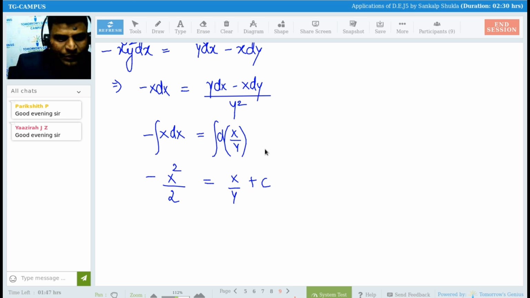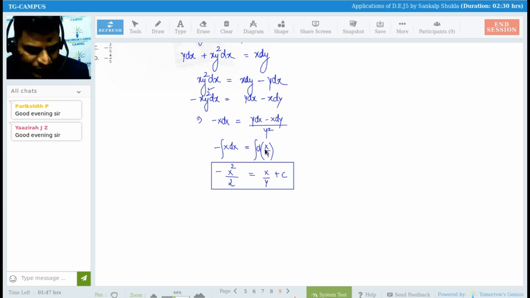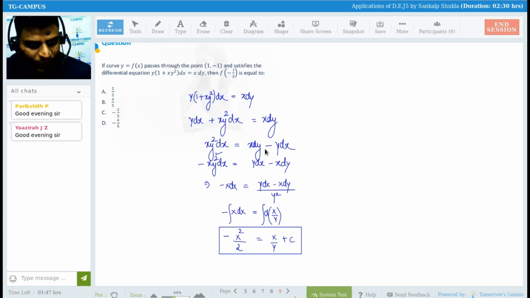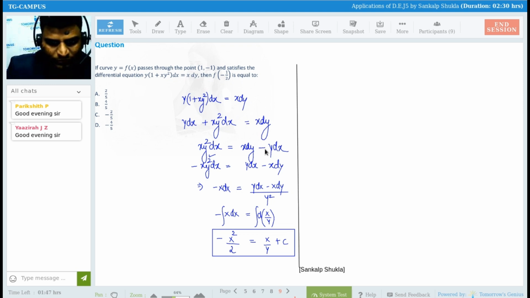This is just a differential, this is just a function. Now you are provided with a particular solution with the equation. We all can see that it is a particular solution. What is the particular solution? 1 comma minus 1. So when x is 1, y is minus 1.